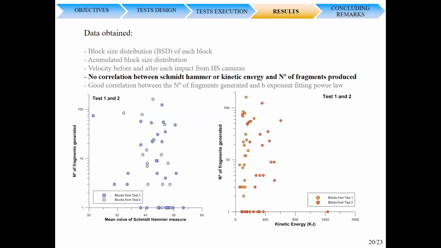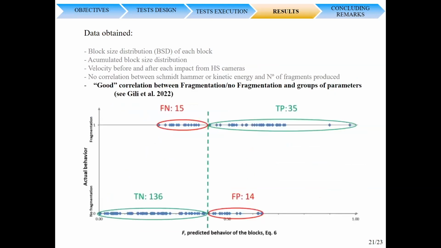At the first try, we got no correlations between some variables, but later on with additional work, we were able to obtain some nice, good correlation between the fragmentation and no-fragmentation events and the parameters grouped in order to have fully physical variables with physical sense.